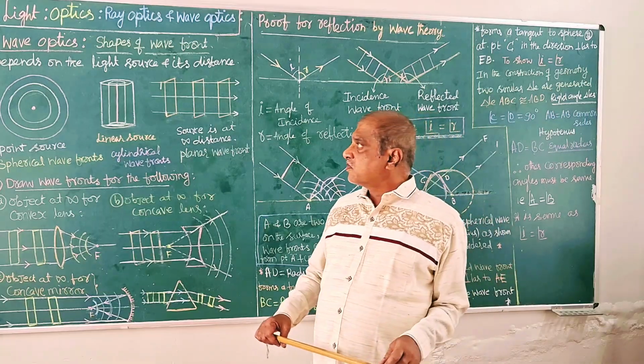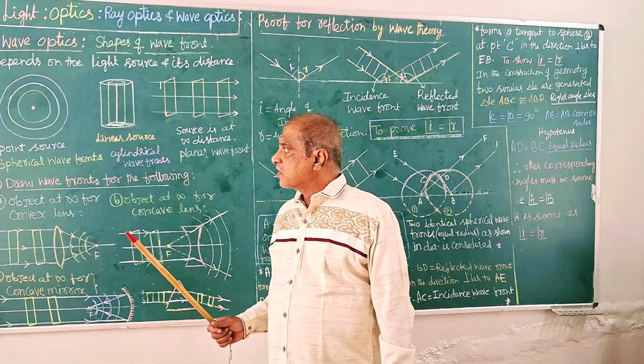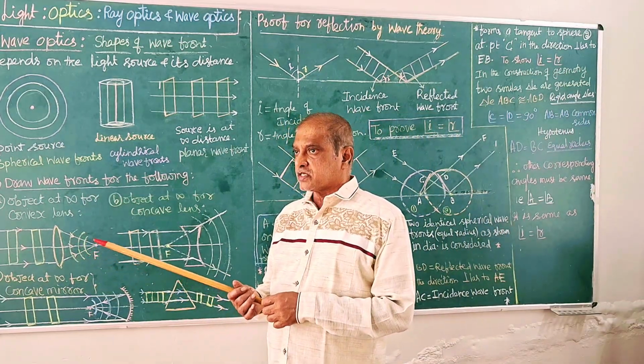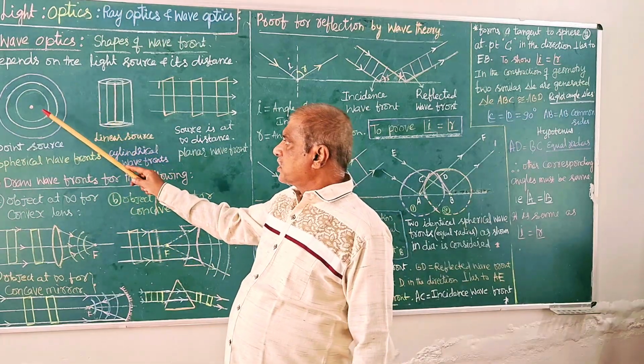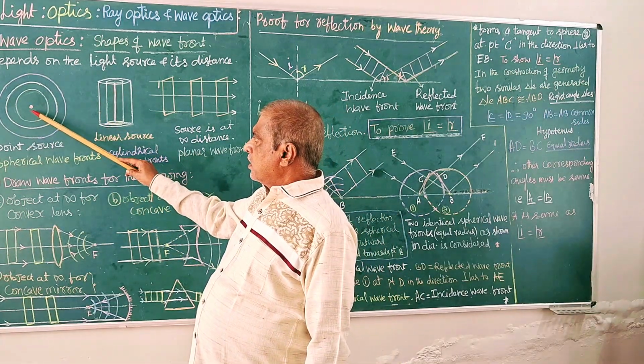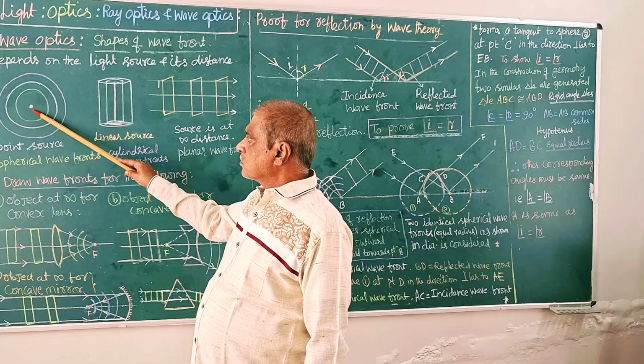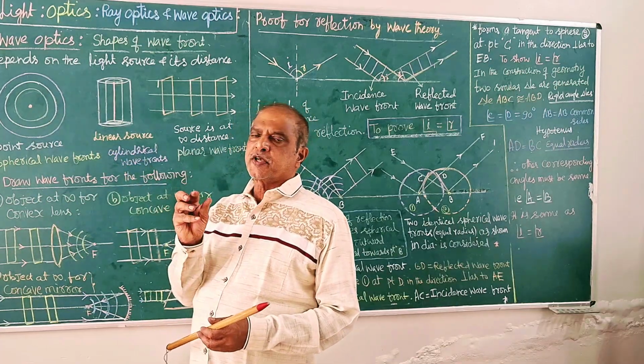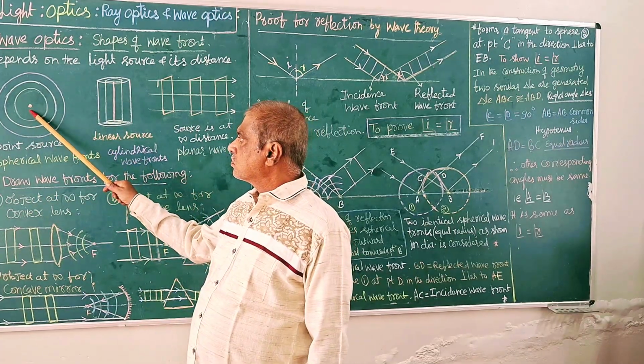What are the types of shapes of light sources you can visualize? It is one such case: a point source or a small sphere light source.